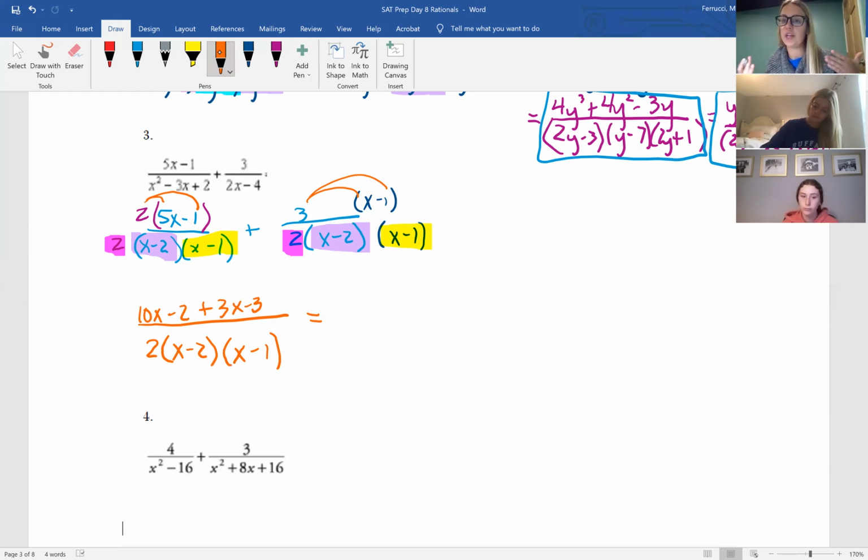And from there, you're going to combine like terms on the top. So we would just get 13x minus 5 all over 2 times x minus 2 times x minus 1. You can't factor any more on the top, so that is the simplest version of it.